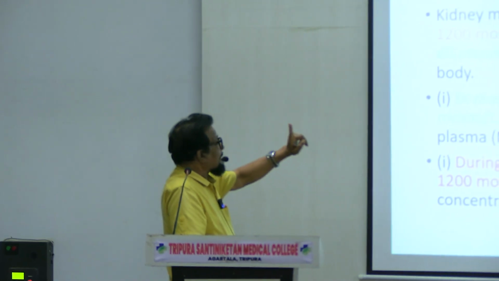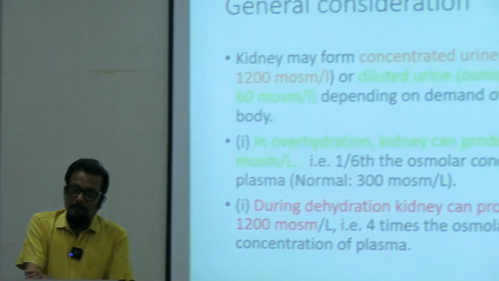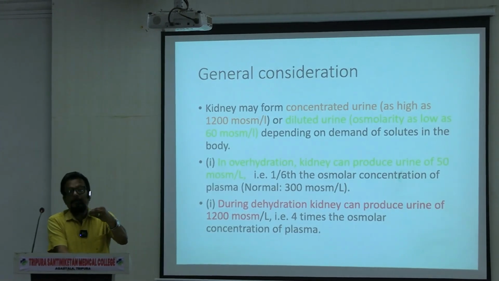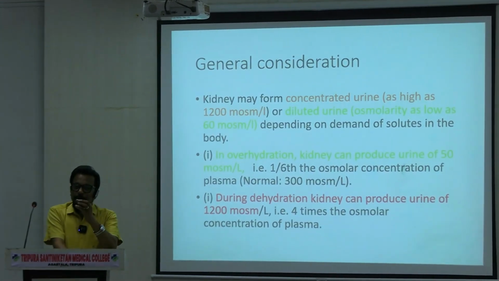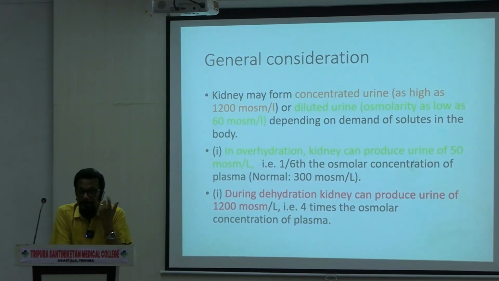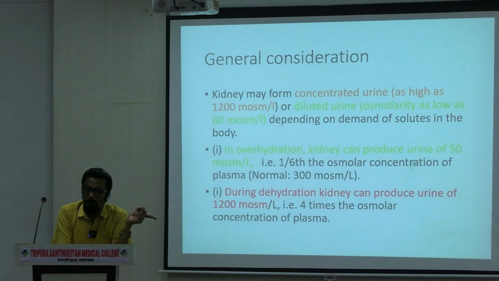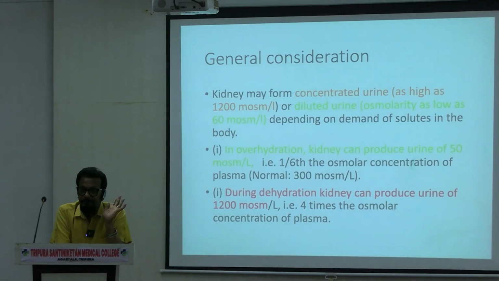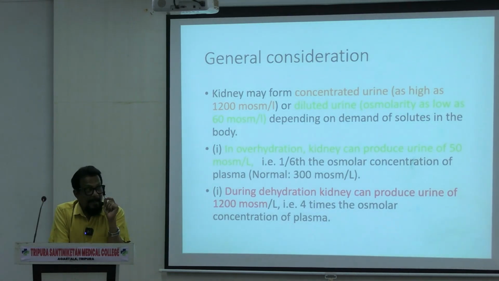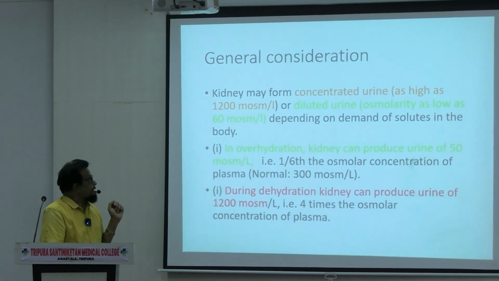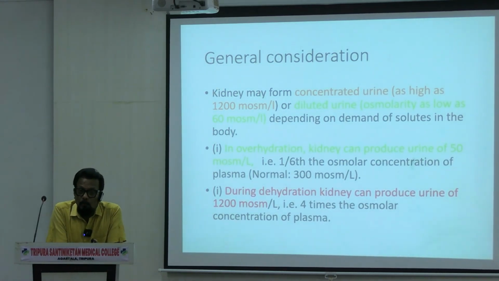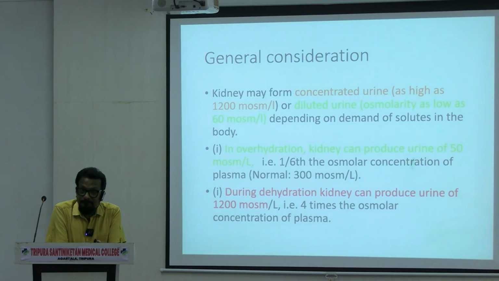And whenever necessary, this system concentrates the urine, meaning it makes the urine hypertonic in relation to blood or body tissue fluid. The hypertonicity of the urine may go up to 1200 milliosmoles per liter.